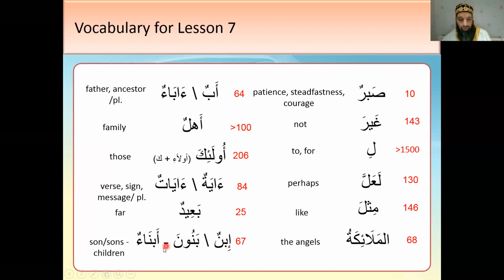Ibn, banun, abna, they basically mean son or sons, children. Sabrun, that is no longer a verb now, it's a verbal noun. Sabrun means patience, from sabara. Ghayra, not. Li means for or to. La'alla, perhaps. Mithla, like. And malaika, angels.